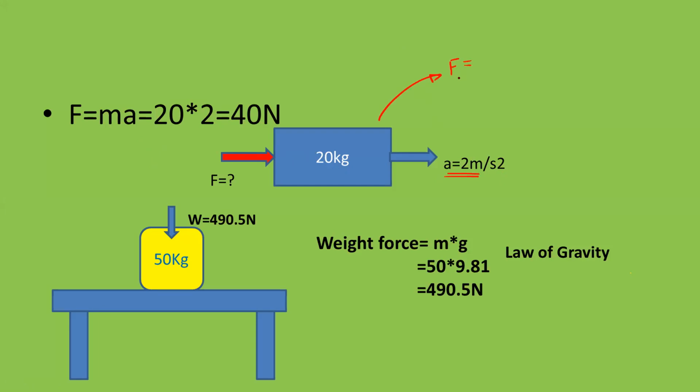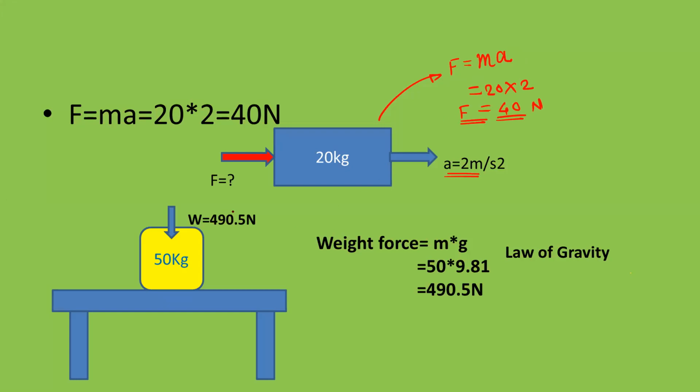So how much force will be acting on this object so that it will have the acceleration 2 meter per second square? We can find this by using the simple formula F is equal to mass into acceleration. So mass is 20 kg and acceleration is given as 2 meter per second square. So we will have 40 Newton. So this is the value of force applied on that object.